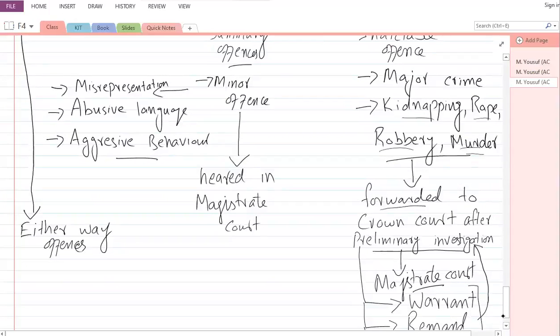Basically, either way offences are a mixture of summary offence and indictable offence. They are not clear.